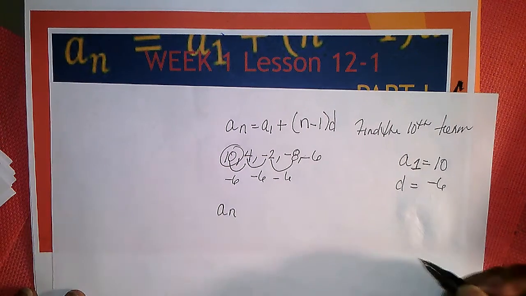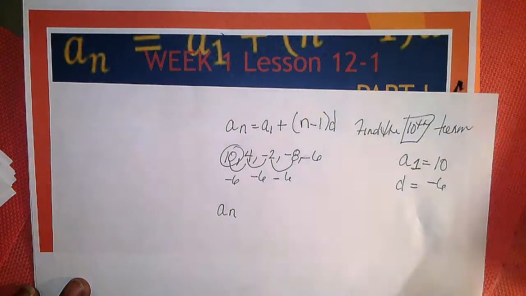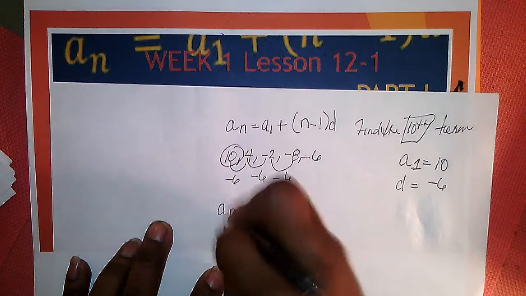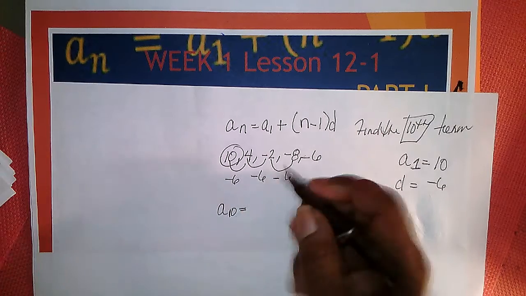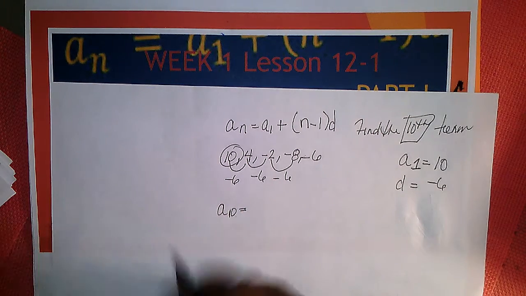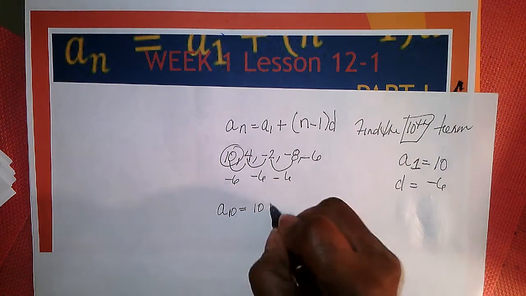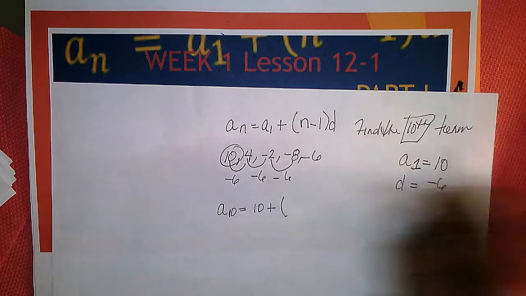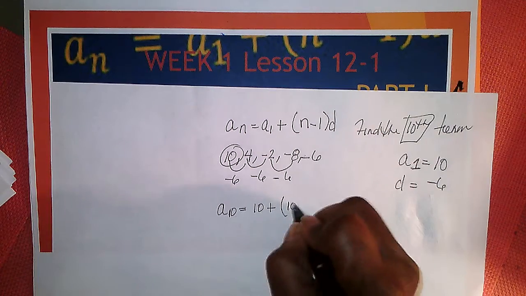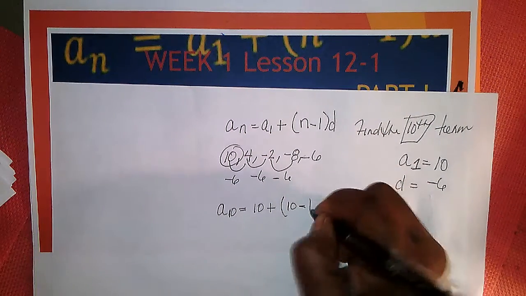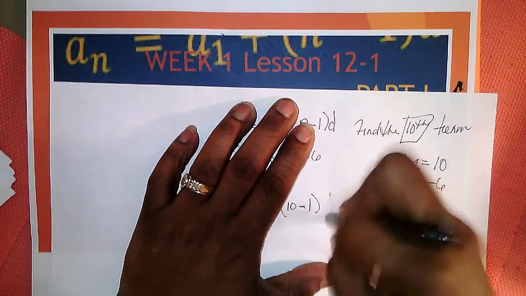And since we're looking for the 10th term, our a_n is going to change to a_10 equals a_1, and a_1 is 10, plus n, and our n is 10, because that's our number, minus 1, and then d. And we said d is -6.